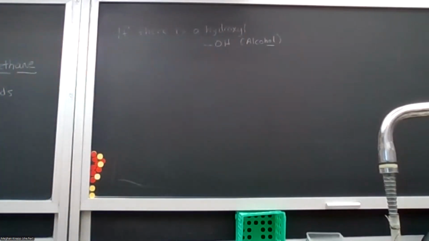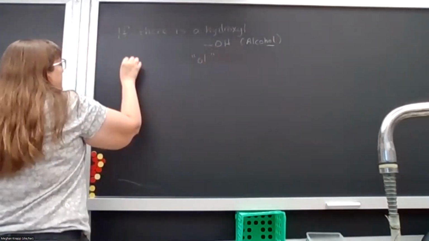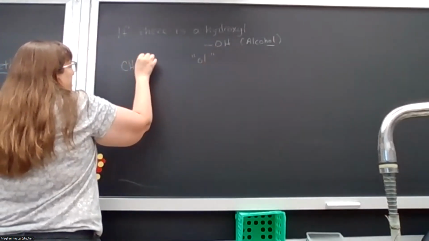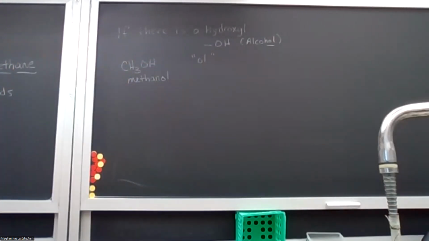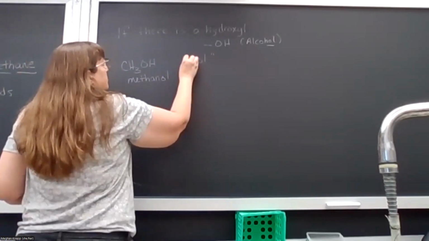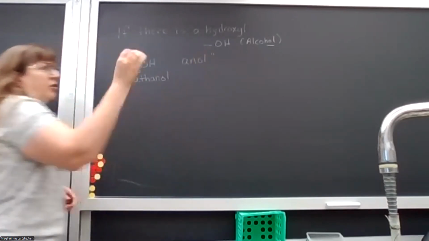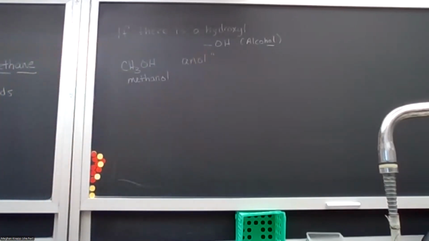Then we change the ending to ol. So we had CH3OH was methanol. And I guess we change it to anol, not just ol. So let me do that. Propanol, octanol, yeah, they all have an anol. But they'll end with an ol.